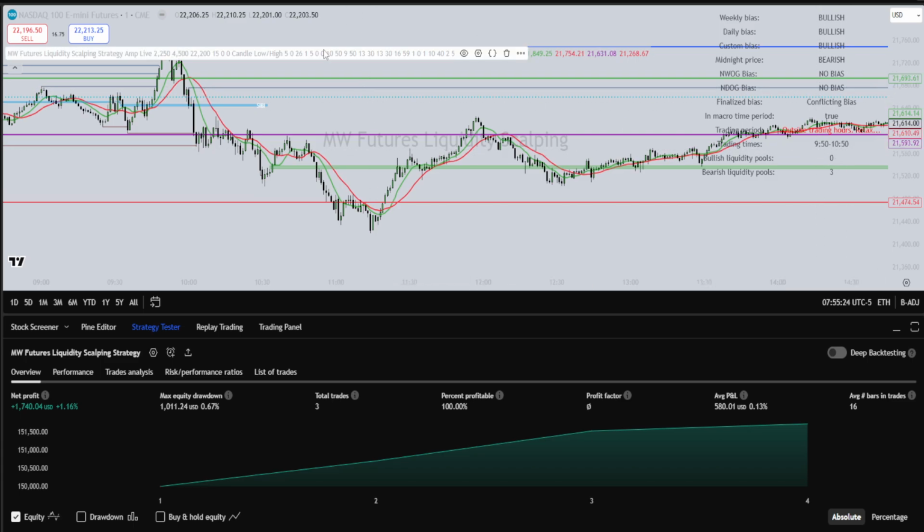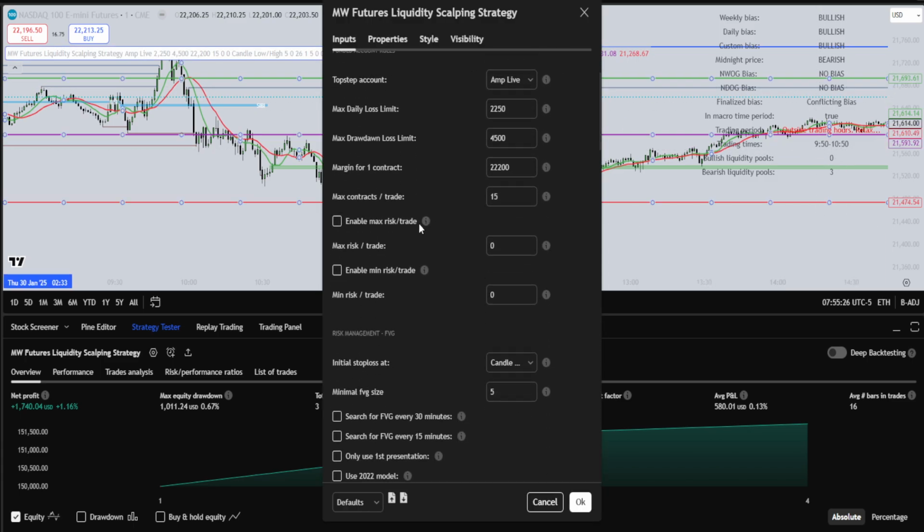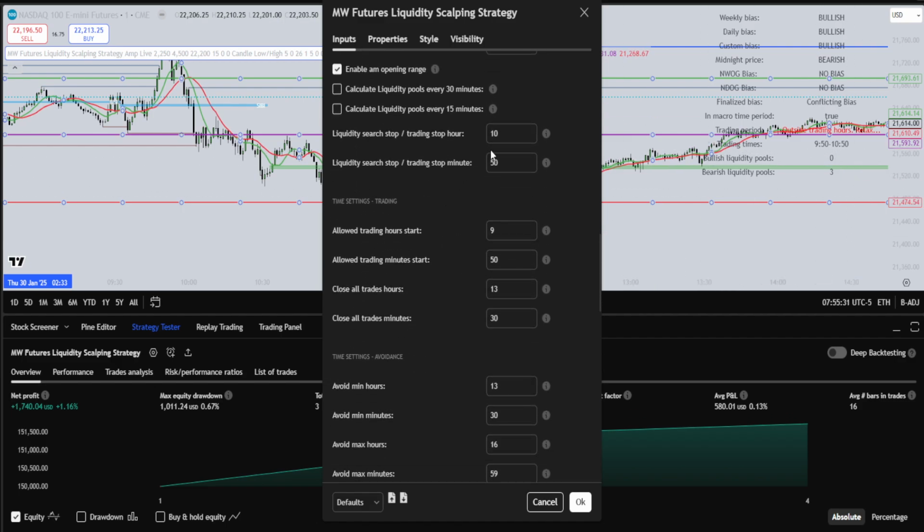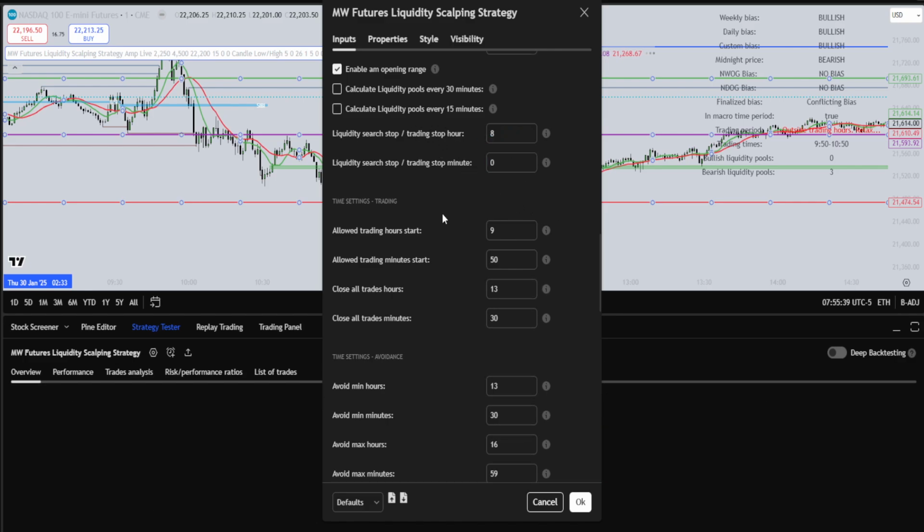This would be ideal. But if you are only able to trade, for example, between 7 and 8, it's very simple. You just set your stop trading hours to 8, and you are allowed trading hours to 7.